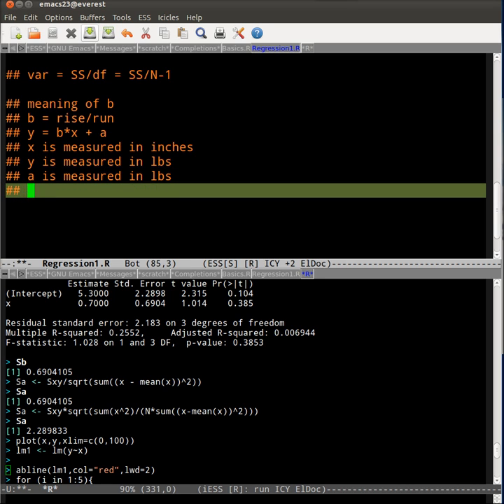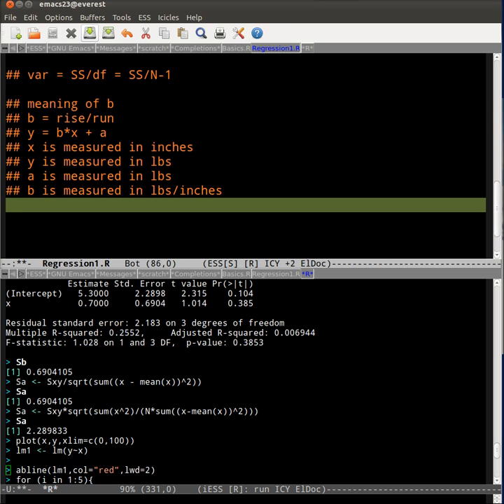And therefore B is measured in, remember that it has to offset X, and X is measured in inches, so it has to be pounds over inches. So remember that if B is rise over run, the rise is in pounds and the run is in inches.